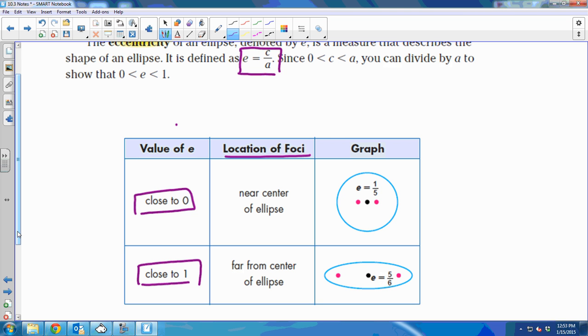So in order to do the next example, I have to know what that is, because it tells you what E is equal to. But E is just telling you, again, kind of how the shape is going to be. If E is close to 0, the foci are near the center of the ellipse. If E is close to 1, they're far from the center.